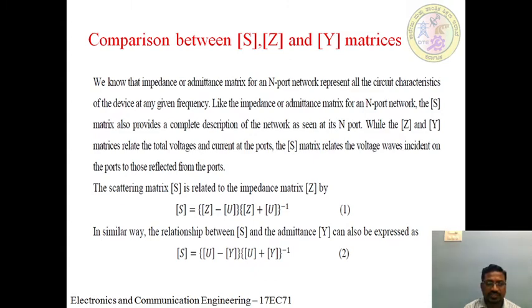Call this equation 1. In a similar way, the relationship between the S matrix and the admittance Y matrix can be expressed as: S matrix equals unitary matrix minus admittance matrix, multiplied with the inverse of unitary matrix plus admittance matrix, called equation number 2.